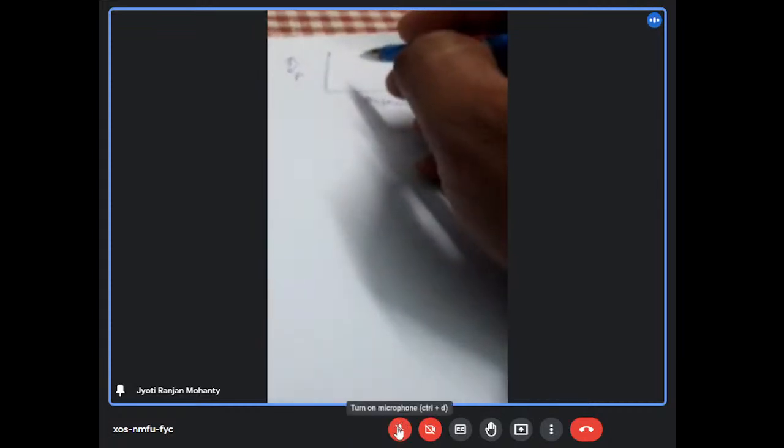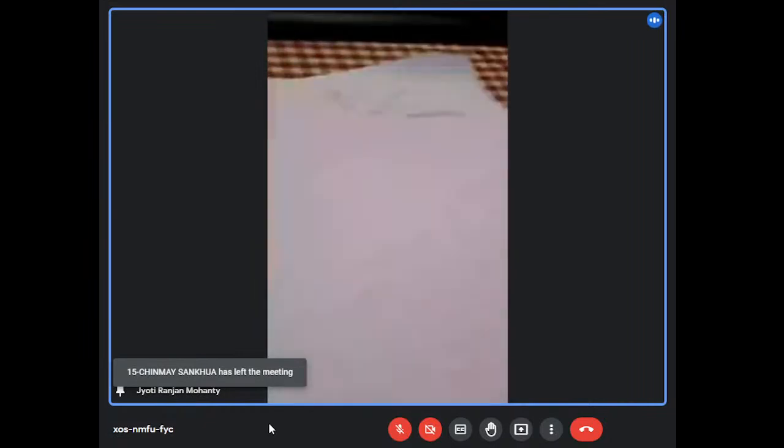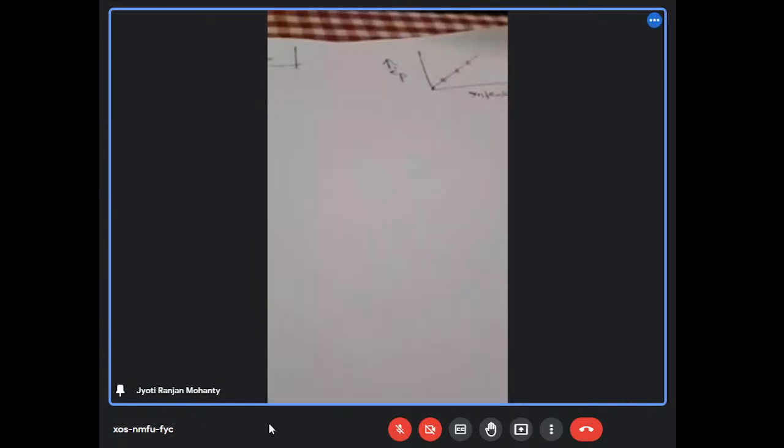What will be the nature of the graph? Directly proportional, so a straight line. Yes, very good. This is a straight line passing through the origin. That means photoelectric current depends upon intensity.